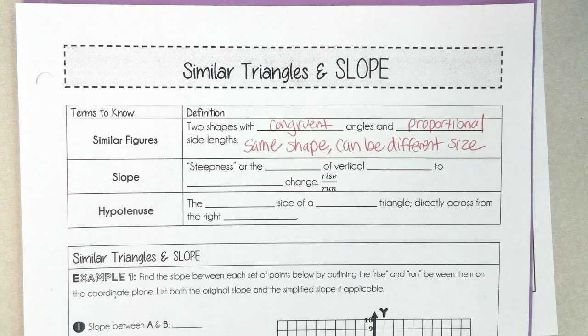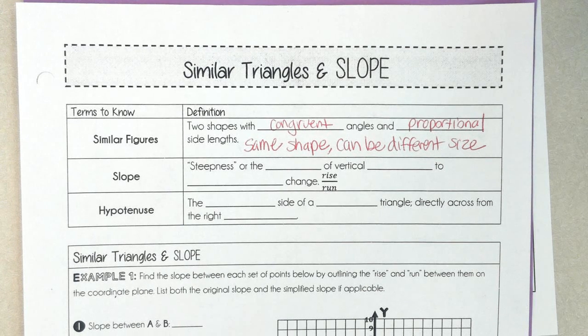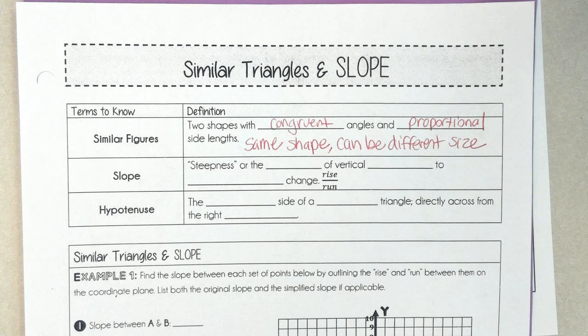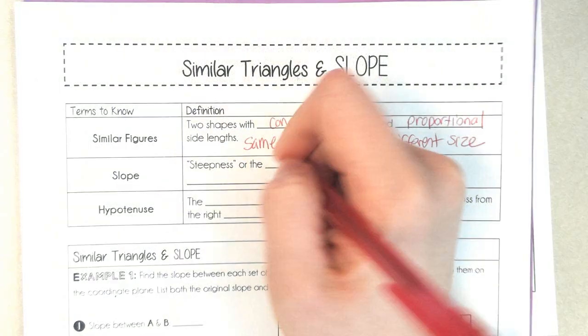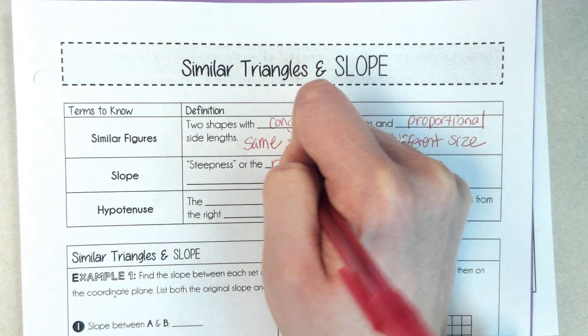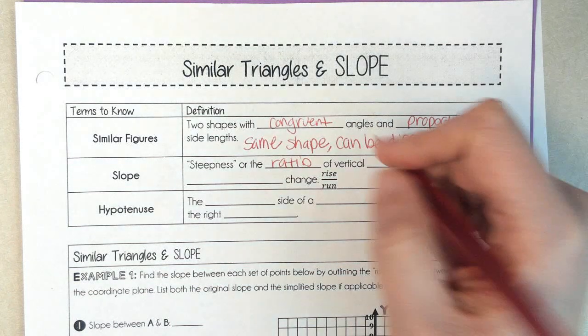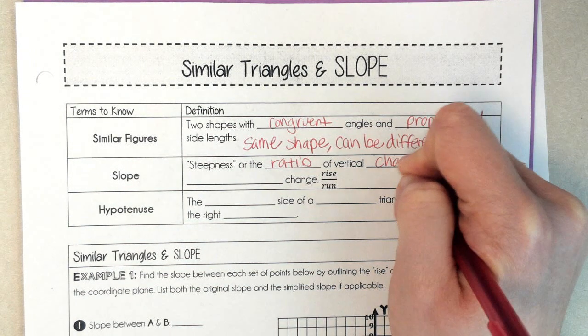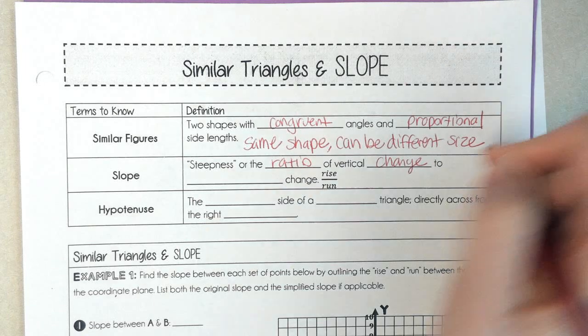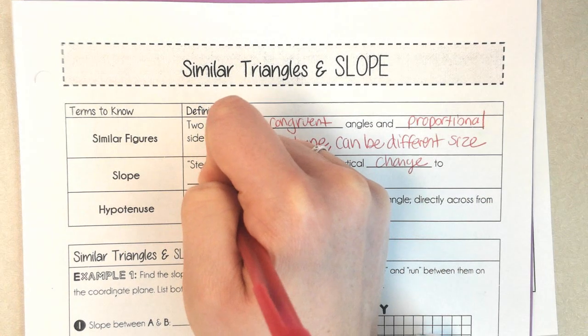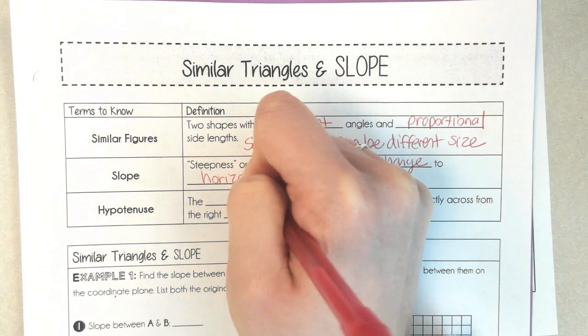Slope. We have not talked about slope in a long time, but we've talked about slope. Slope is the steepness of a line, or we talk about it as the ratio of vertical change to horizontal change.